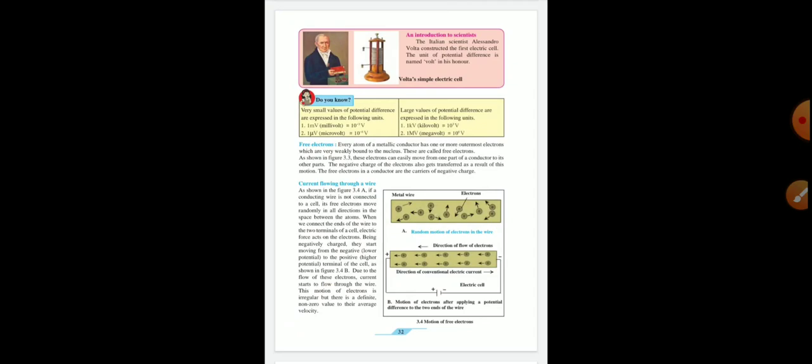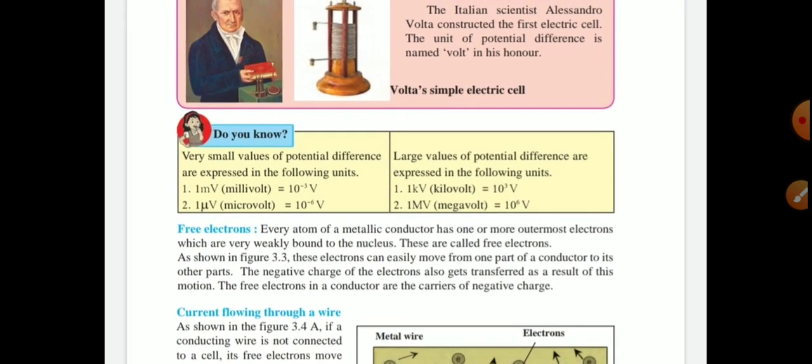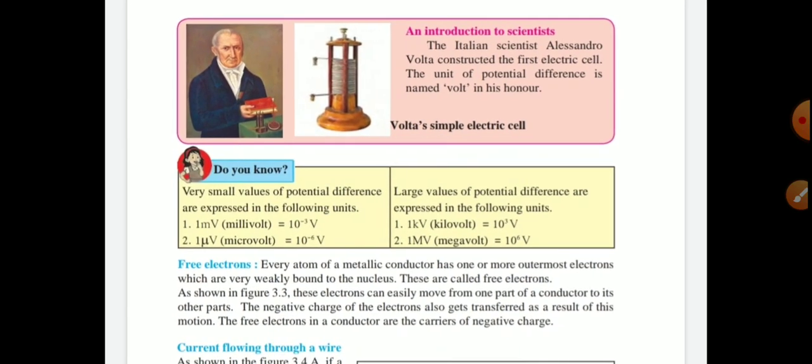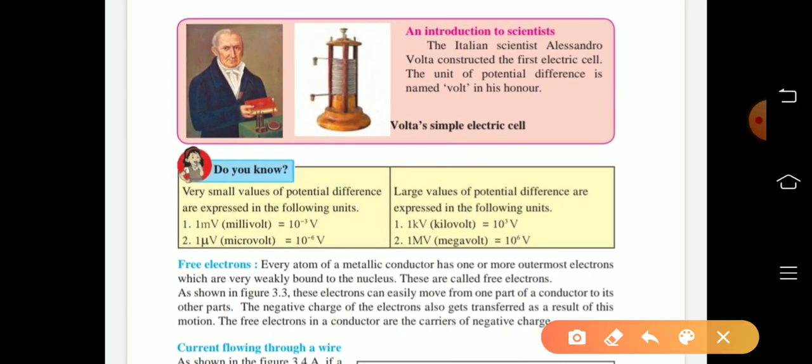Now, next one is given. Some part is omitted on this page number 32. So first one is given here. Introduction to scientists. For your extra knowledge, you read this paragraph, but it is omitted from our syllabus.